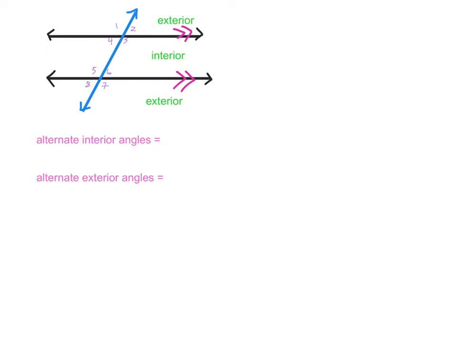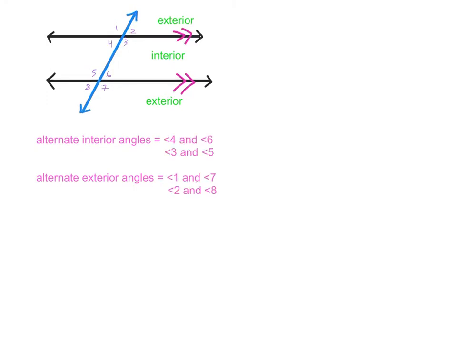So let's start putting some names to certain angle pairs. I would like to name the pairs of alternate interior angles. So what does that mean? That means that they are going to be on alternating sides of the transversal, but they are going to be inside the parallel lines. Okay, so look at what I've written here. My first pair of alternate interior angles are angles 4 and 6.